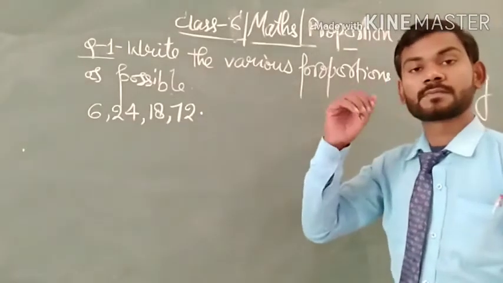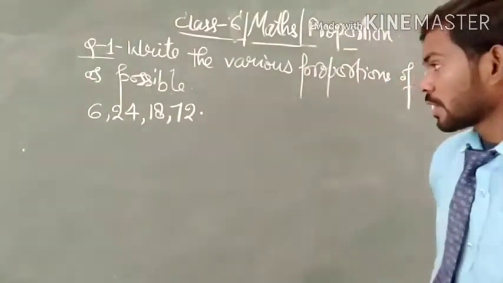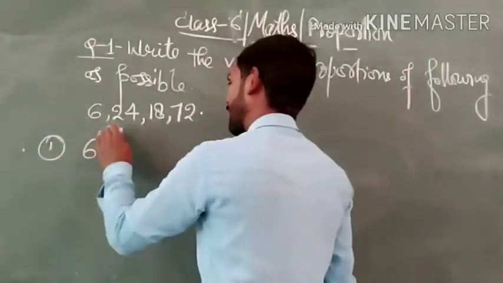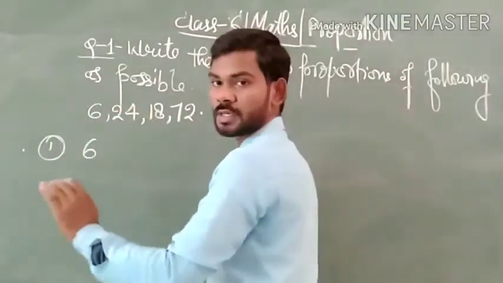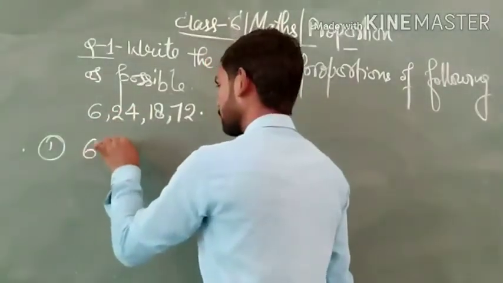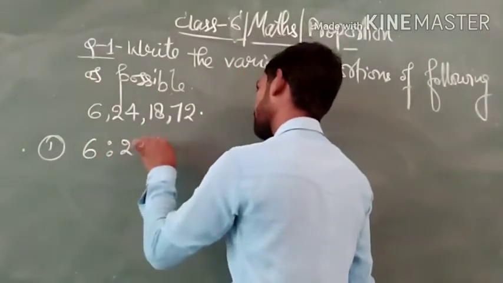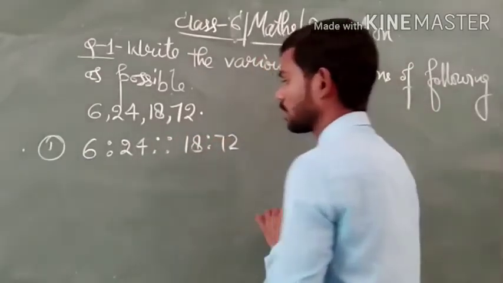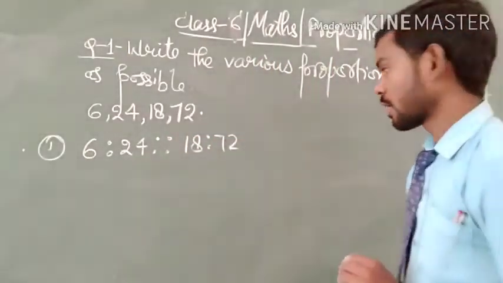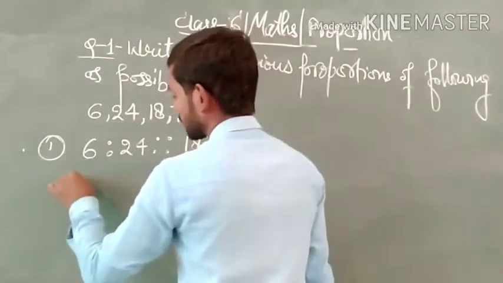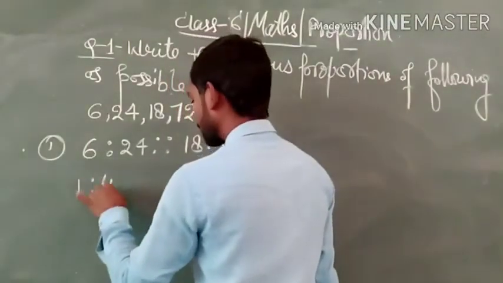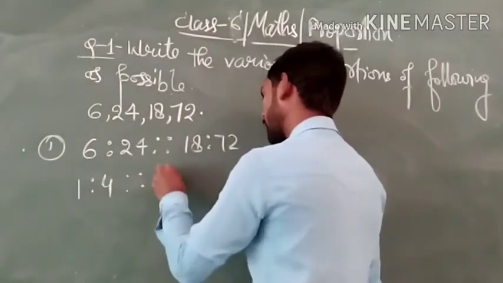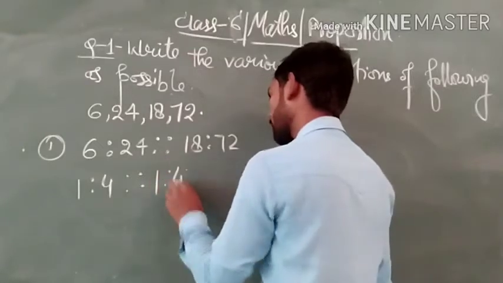In the first case, as the question is given in its order, 6 ratio 24 proportional to 18 ratio 72. Now when we solve, we get 6 by 6 is 1, 24 by 6 is 4, proportional to 18 by 18 is 1 and 72 by 18 is 4.